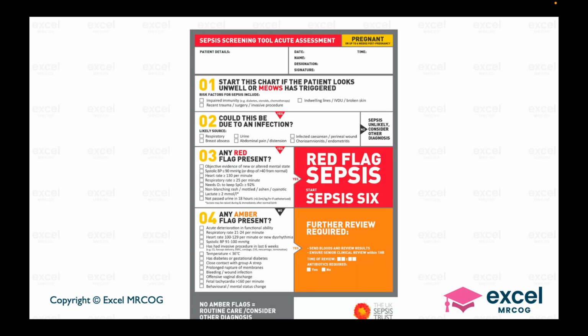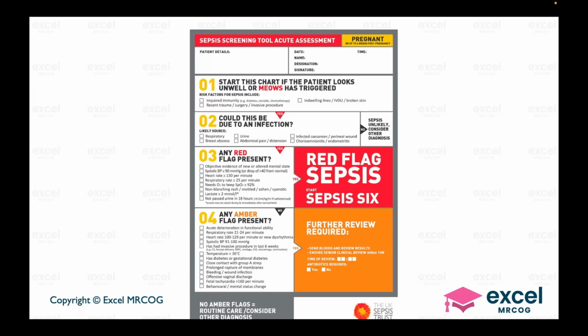So remember the red flags, and for any other presentation that does not fit into the red flags, but you think it could be because of infection, you can say that I would like to rule out sepsis, I would like to rule out an infection, I would like to seek consultant review if there are amber signs. If there is a red flag, you would definitely say that I would start the sepsis 6 care bundle.